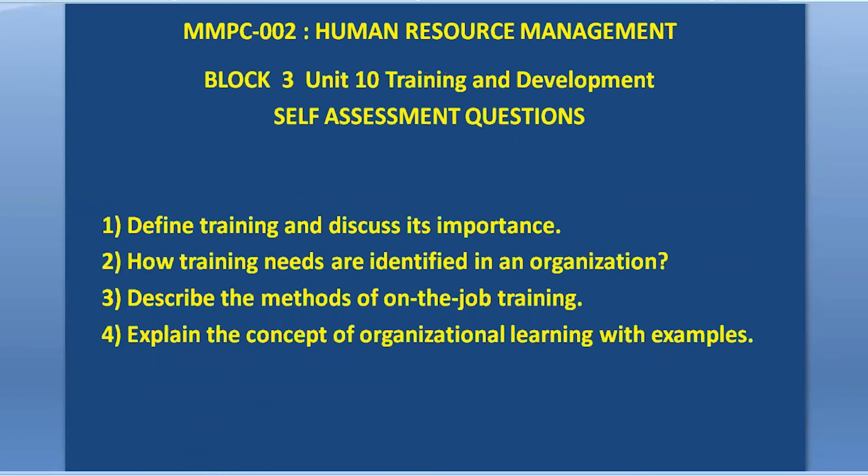Then in Block 3 itself, Unit 10, training and development, has: define training and discuss its importance, how training needs are identified in an organization, discuss the methods of on-the-job training, and explain the concept of organizational learning with examples.